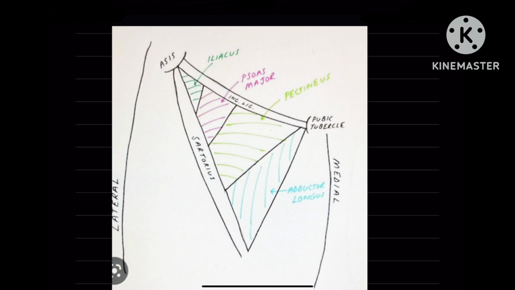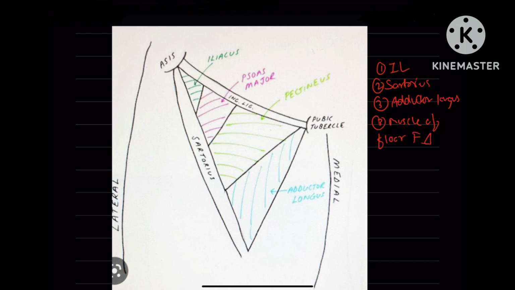In the boundaries of the femoral triangle you have to draw this image. First thing you have to show is the inguinal ligament. Second, sartorius. Thirdly, adductor longus, and then the muscles of the floor of the femoral triangle.